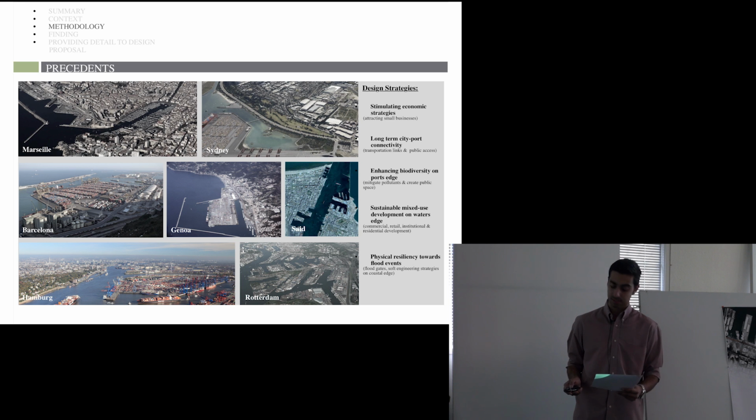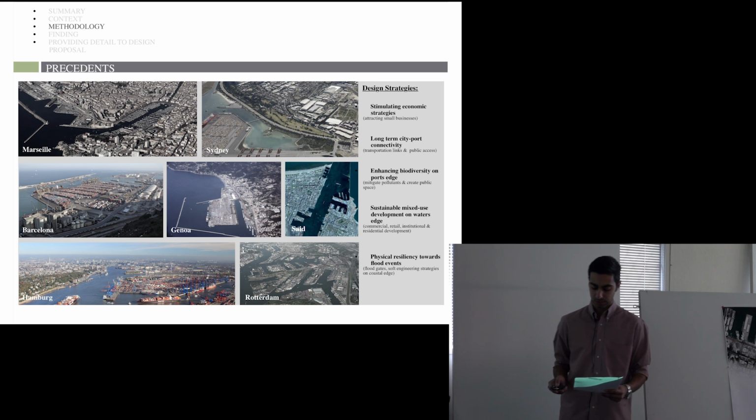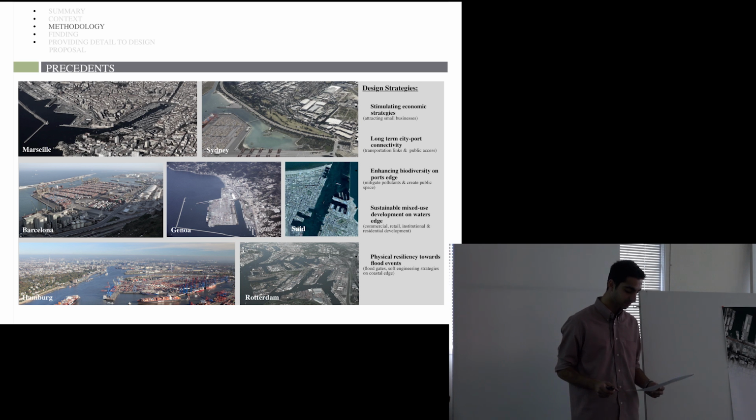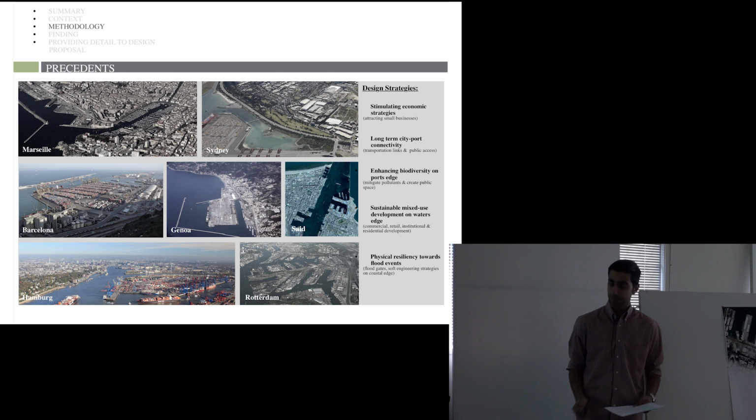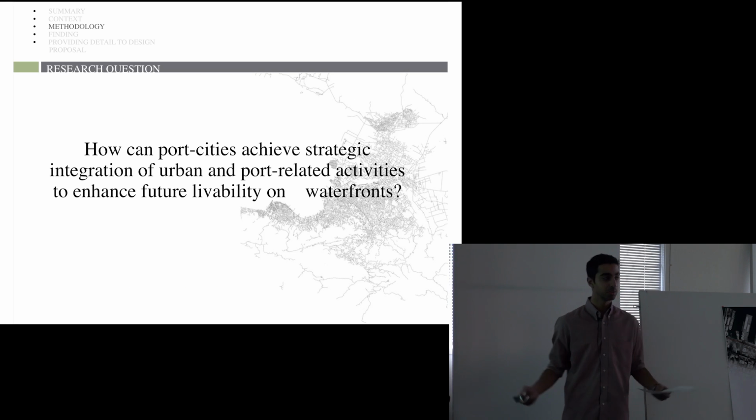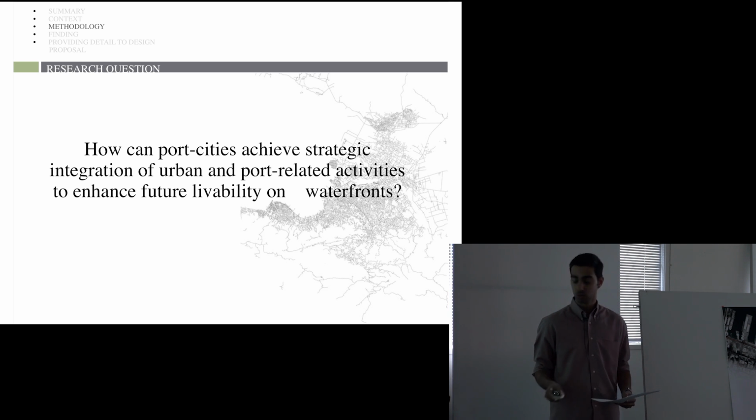These case studies are some of the successful port cities that show the integration of social, economic, and ecological benefits on the water's edge. A number of these key design strategies highlighted here can be applied on Auckland's waterfront at a different scale. This brings me to my question of how can port cities achieve strategic integration of urban and port-related activities to enhance future livability on waterfronts.